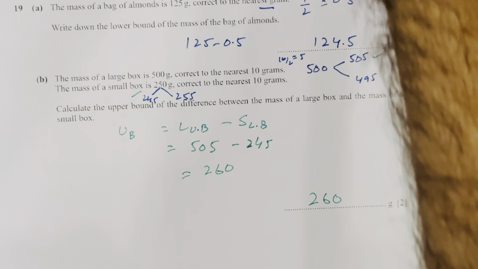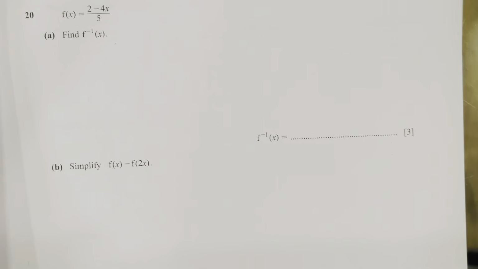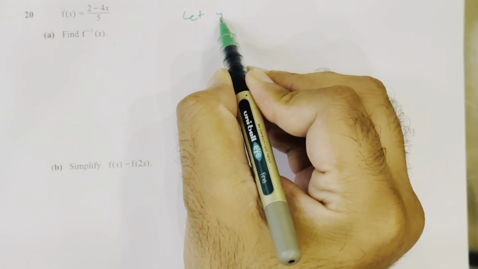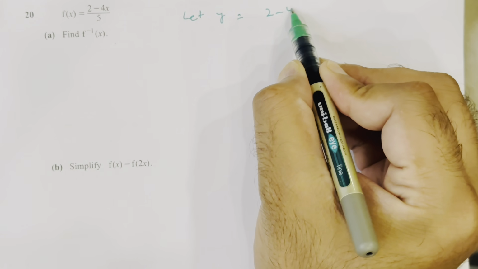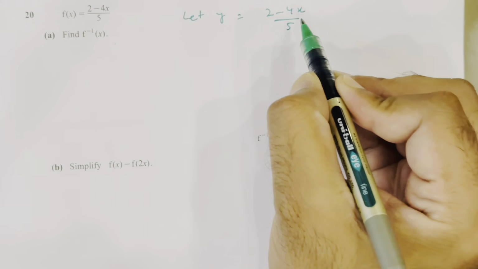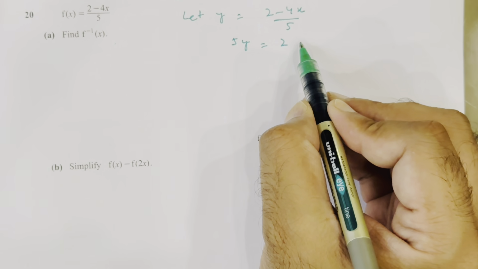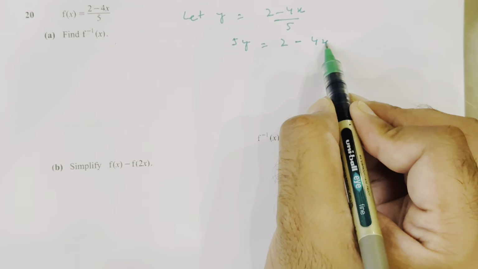Okay, moving to question number 20. Question number 20 is from the topic of functions. f of x is equal to 2 minus 4x over 5. Find f inverse of x. We know that let y be equal to 2 minus 4x over 5. Then we need to make x the subject. 5y is equal to 2 minus 4x.